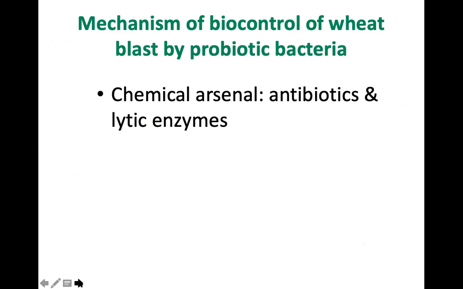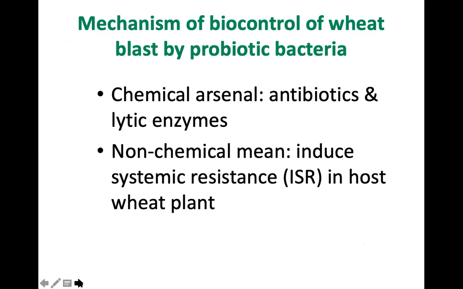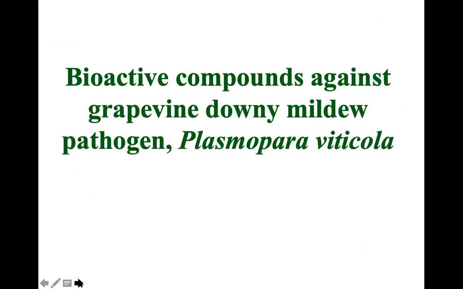So the chemical mechanism, chemical arsenal, antibiotics, and lytic enzymes were already revealed by the genomic analysis. The non-chemical means induce systemic resistance in the host plant, as a volatile compound, acetylene, is produced. So these are the results, and I will show you later on.